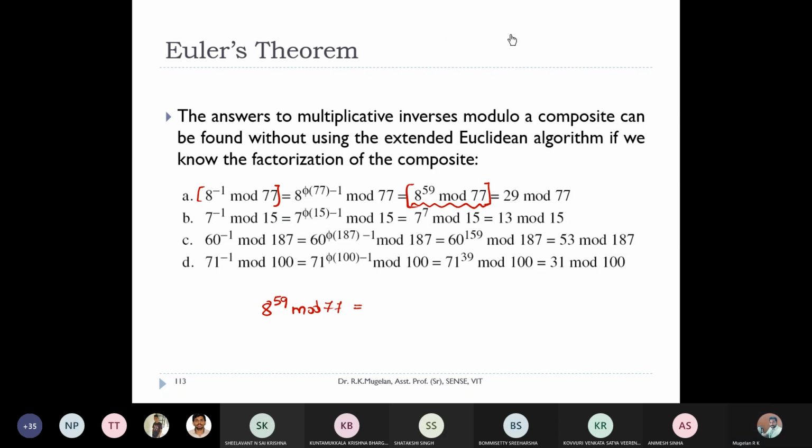No. So can you people tell the highest power you are able to solve in your calculator for this example? Can you get the answer for 8 power 10 mod 77? Is it possible?